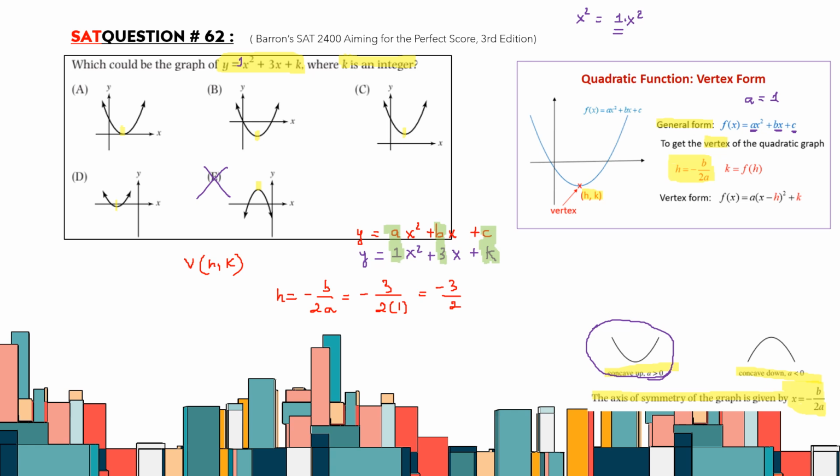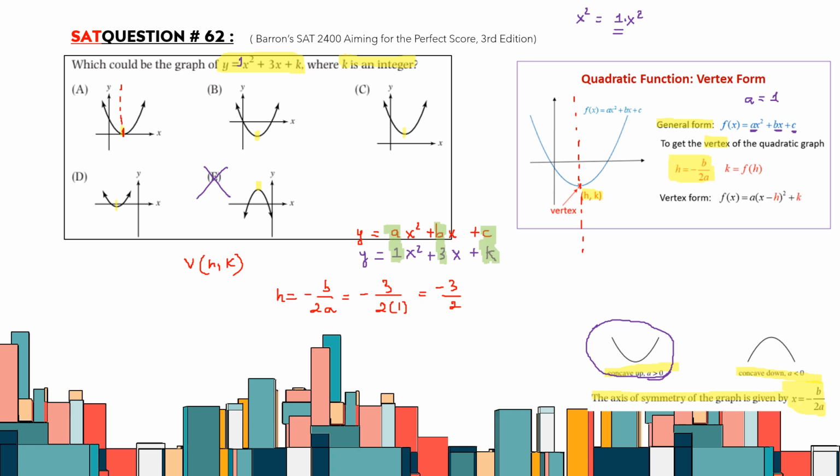So x will be a negative value, so anything with a positive value right here is out. See that the axis of symmetry is the dashed line that goes through the vertex. On the left side, the graph is mirrored to the right.